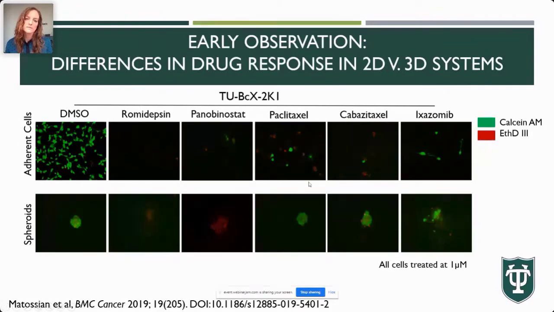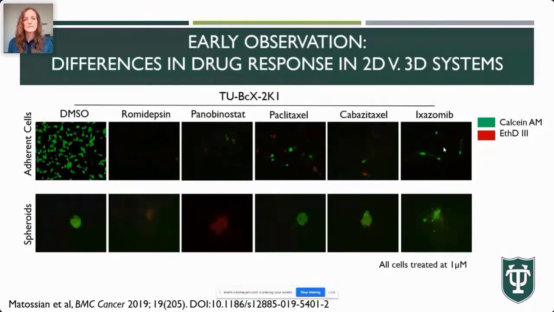What we observed was that in some subsets, there was an obvious distinction in drug response when we treated adherent cells versus when we treated spheroids. This is a live/dead viability stain with calcein AM to highlight the live cells and propidium iodide to highlight the dead cells. And all the cells were treated at the same dose. So an interesting observation. This same pattern we observed on a genomic level as well.